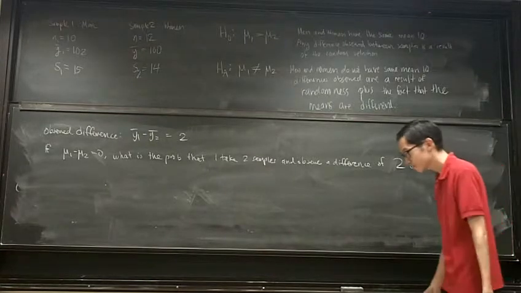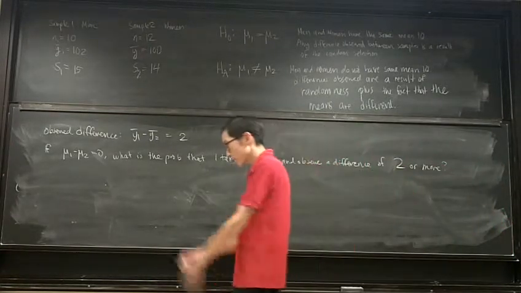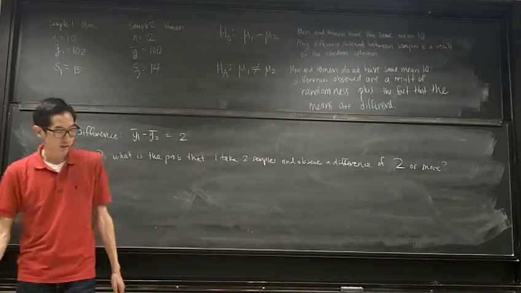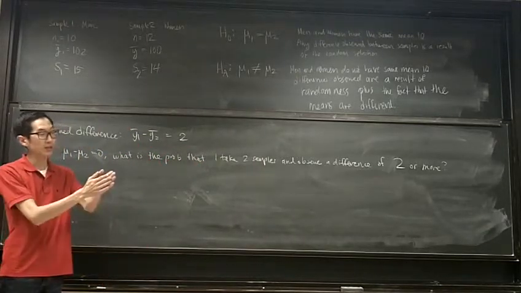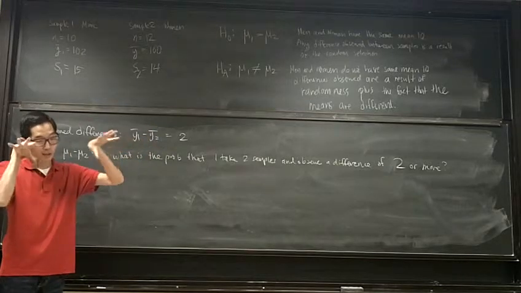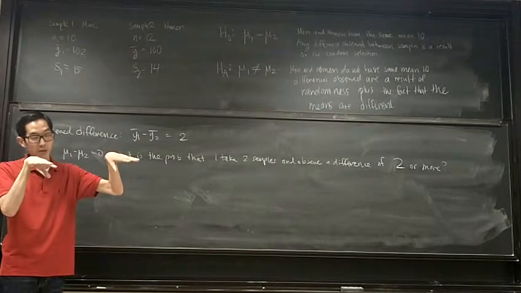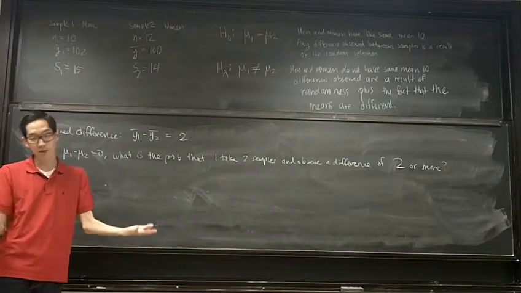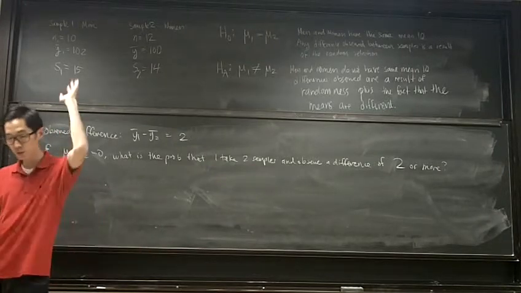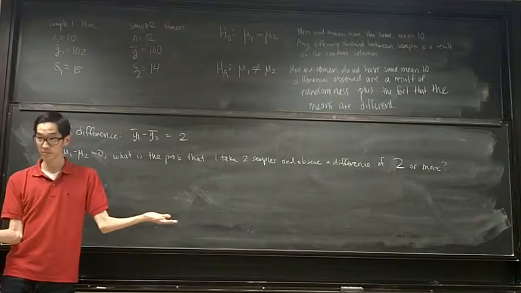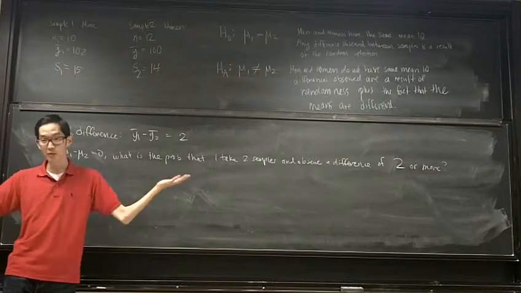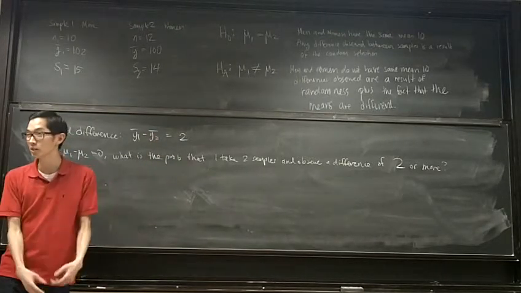Well, it means that if men and women truly had the same mean IQ, there's a 40% chance that whenever I take 10 random men and 10 random women, I'm going to get a difference of 2 or more. That's going to happen 40% of the time just by randomness.